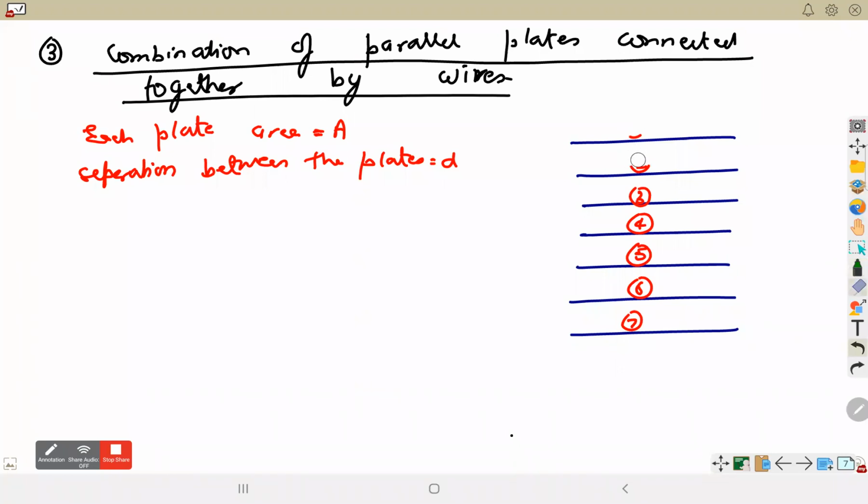So अब इसमें जो plates हैं हमने plates को आपस में connect कर रखा है with the help of some extra wires. Plate number 1, 2, 3, 4, 5, 6, 7.